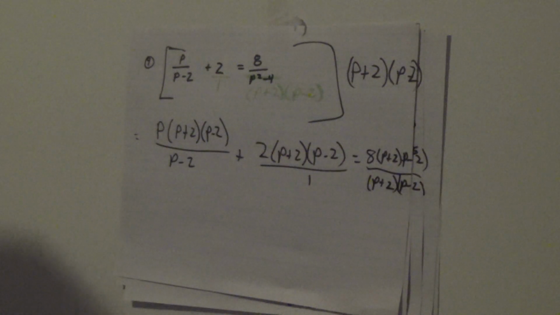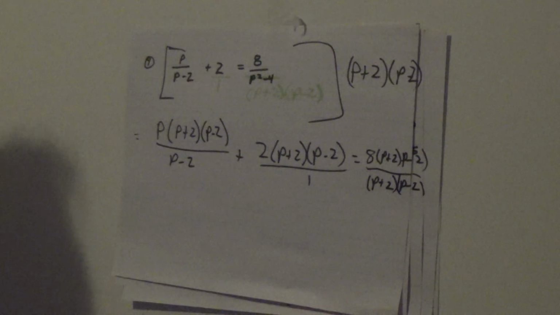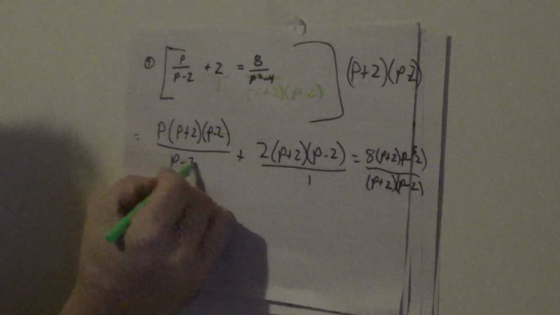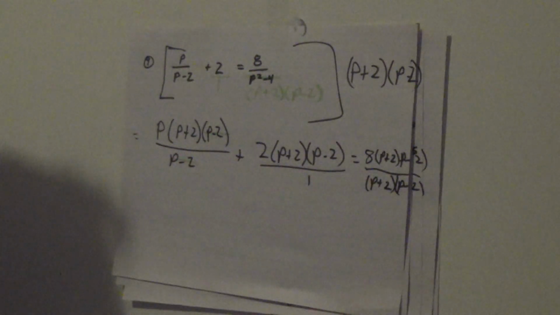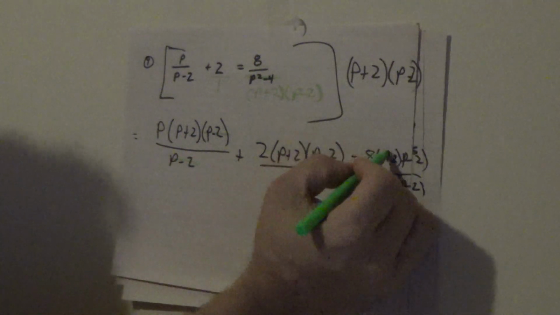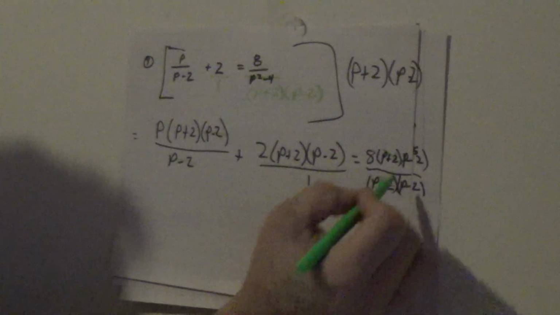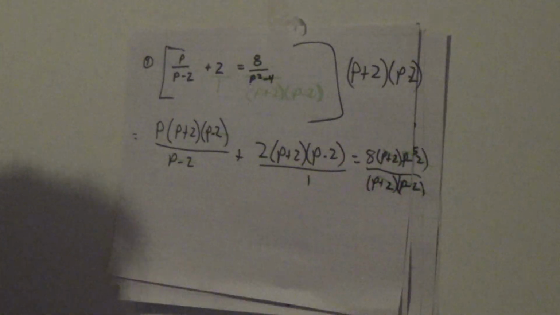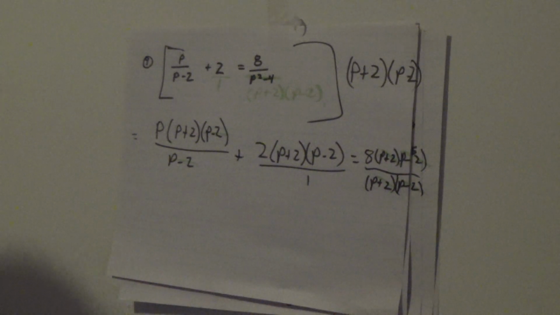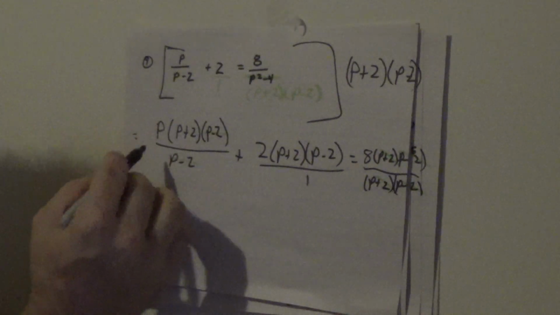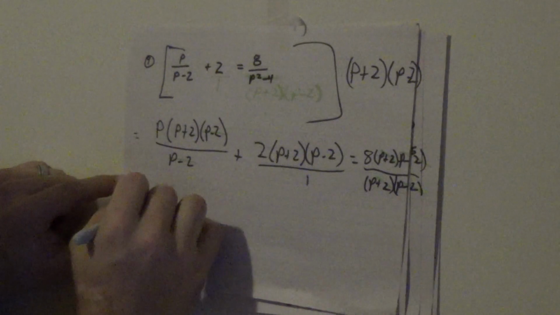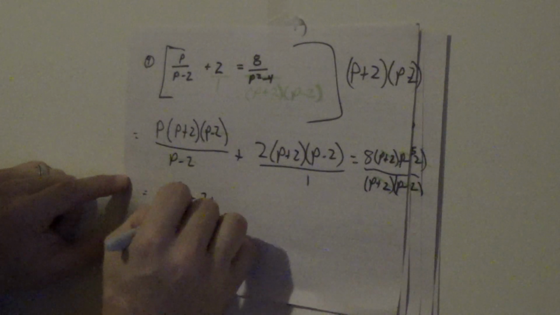Now, if you remember what's going to happen when you have factors on the top and the bottom, they will cancel. So that p minus 2 over p minus 2 will cancel. The p plus 2 over p plus 2 will cancel. And the p minus 2 over p minus 2 will cancel. This makes what we have left much simpler. I will distribute this. We'll get p squared plus 2p.